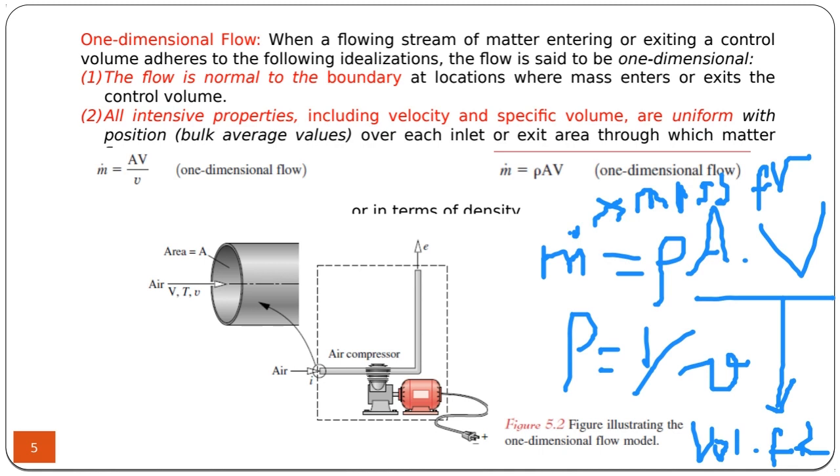Suppose that we have an open system of a compressor connected to a pipeline. So there is a mass flow rate coming into the compressor and it goes out as it's compressed.